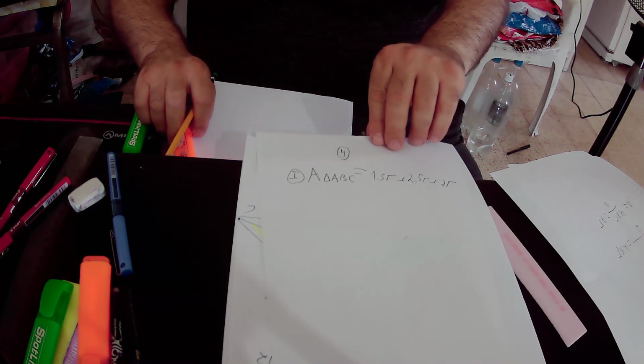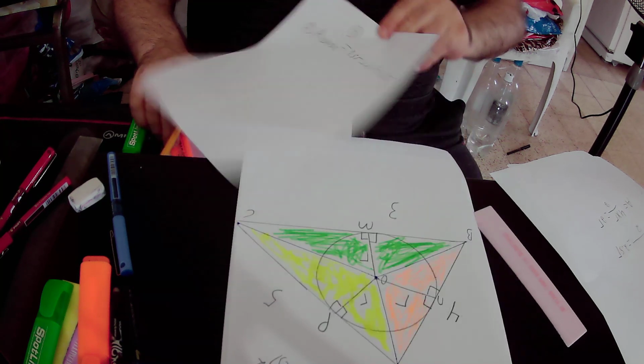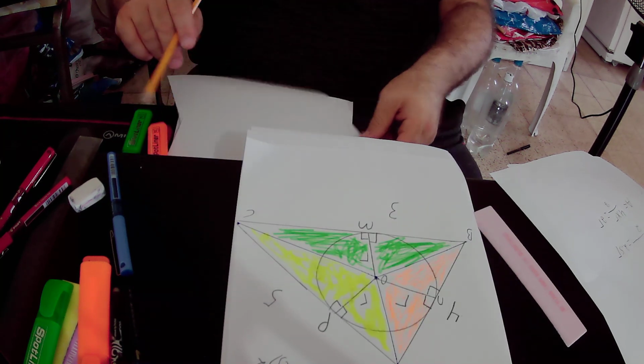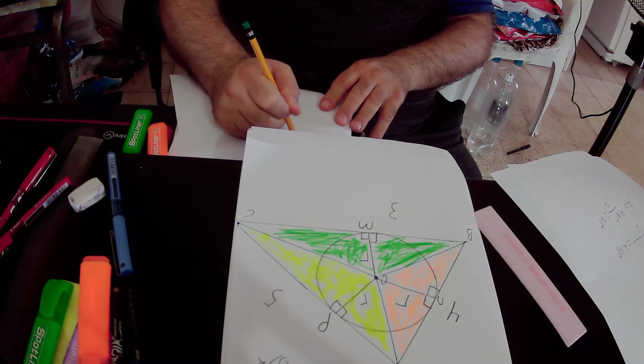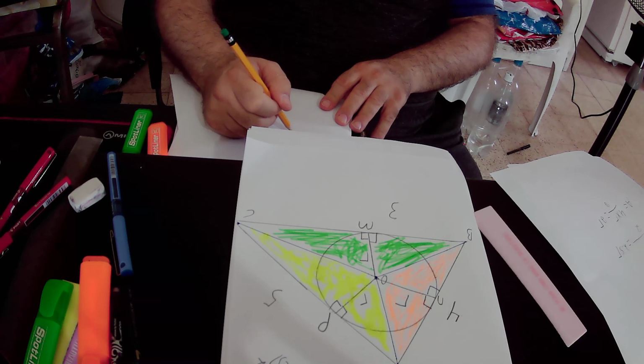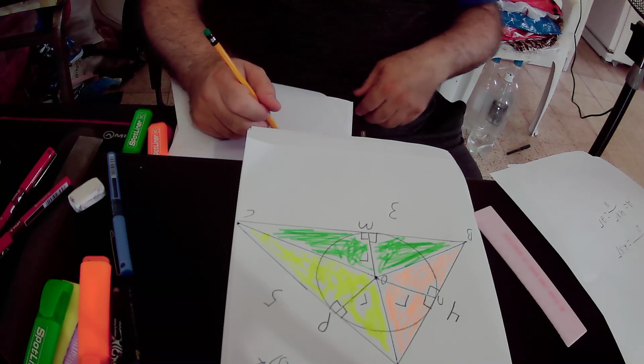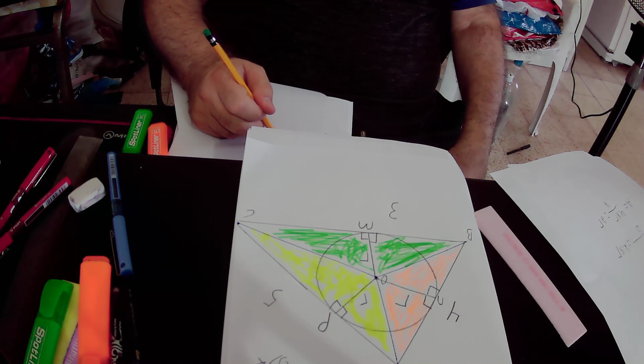So we can write down that the area of triangle ABC equals 6 times the radius of the circle.